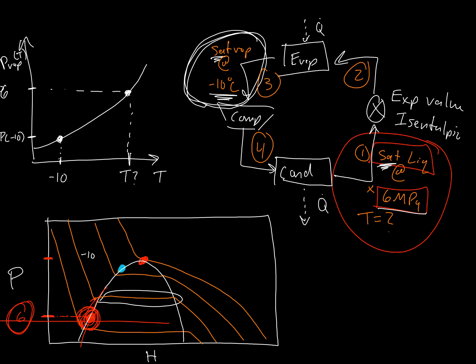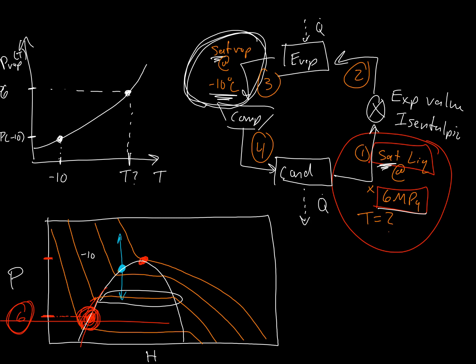We're right here. So we know that whatever happens going from state 1 to state 2 has to follow a path of constant enthalpy. So that means we can either go up or we can go down. We don't really know exactly at the moment. But we know that this is a cycle, so everything has to connect back to one another. So we can work ourselves around whichever manner we want to do.